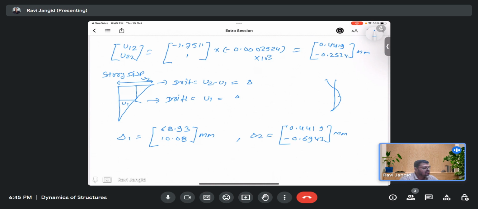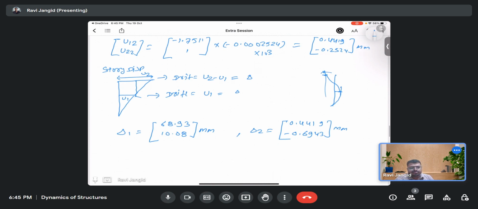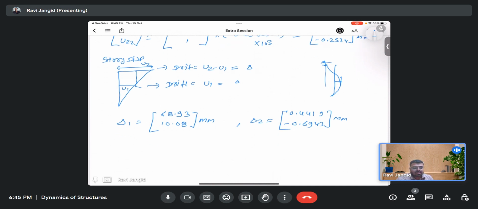So if you take the relative, overall how much it would be. Okay, so your delta 1, delta 2. Now you need to find out the peak column drift.